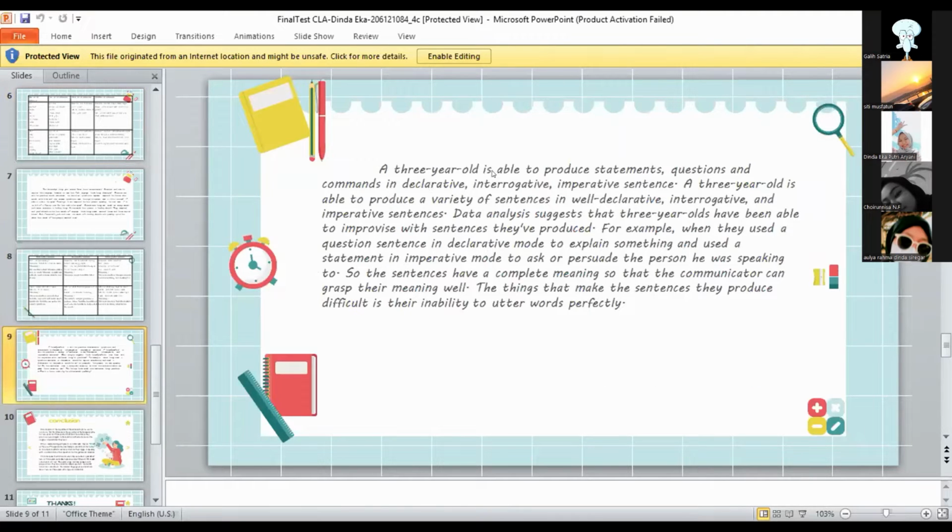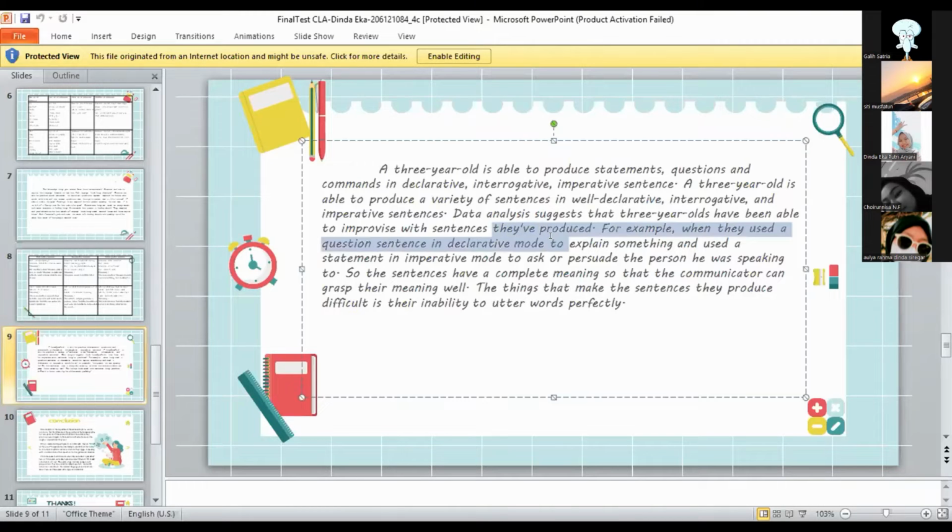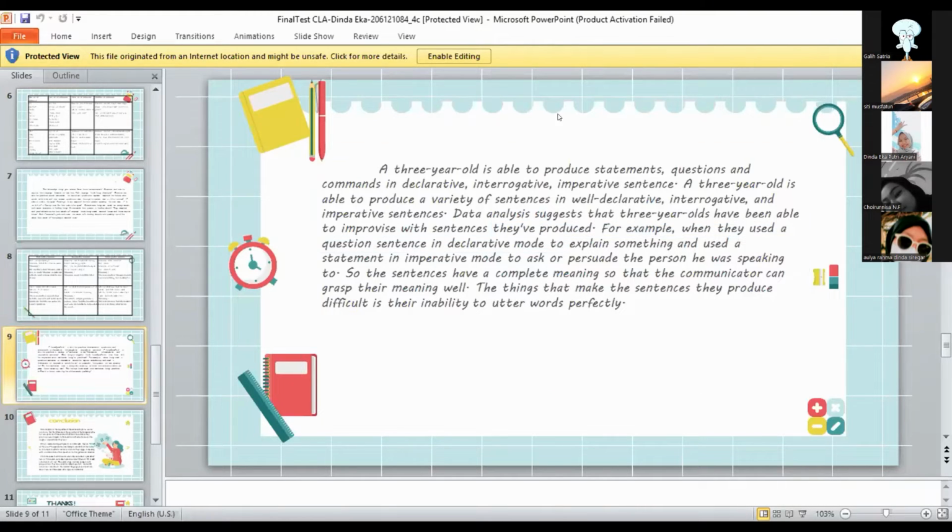A 3 years old is able to produce statements, questions, and commands in declarative, interrogative, and imperative sentences. Data analysis suggests that 3 years old have been able to improvise with the sentences they produce.